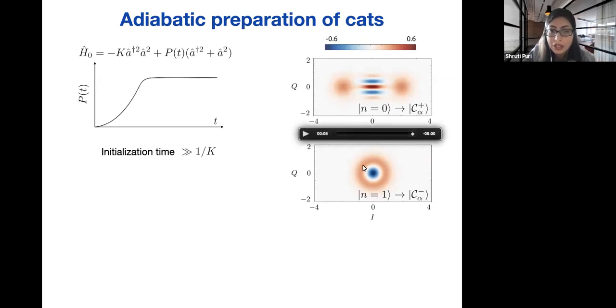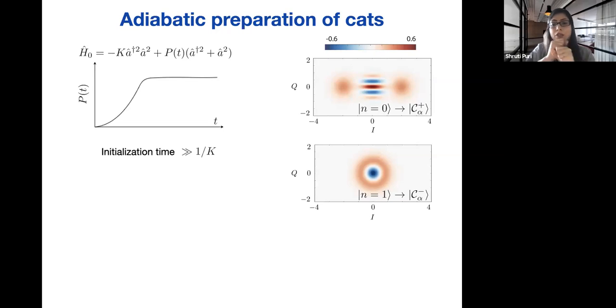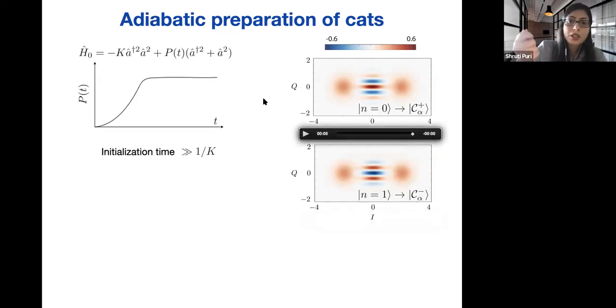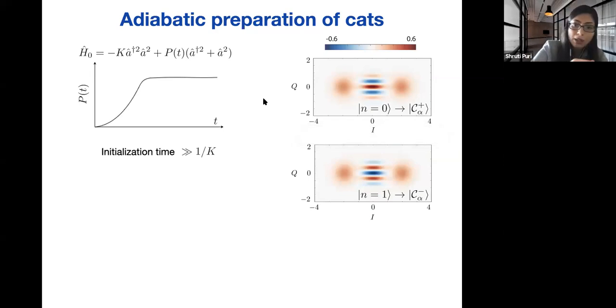And if you had initialized your oscillator to the Fock state 1, then it will follow the drive, split to form the cat minus state. So this Hamiltonian preserves parity. The Fock state 0 goes to the C plus state, and the Fock state 1 goes to the C minus state.